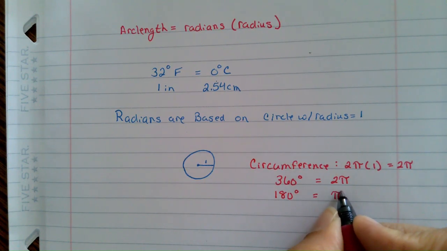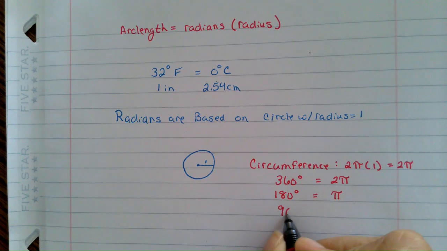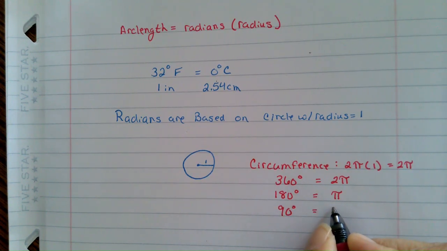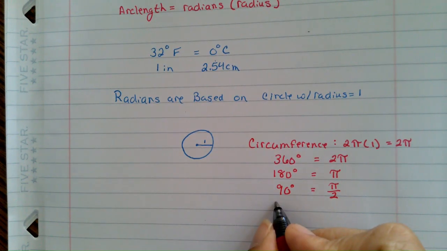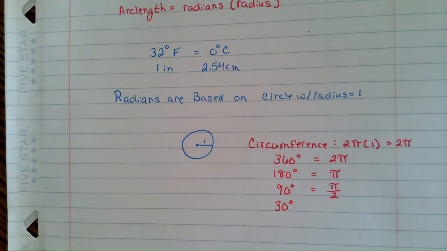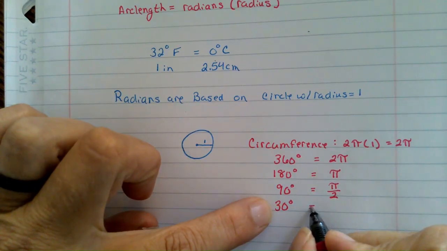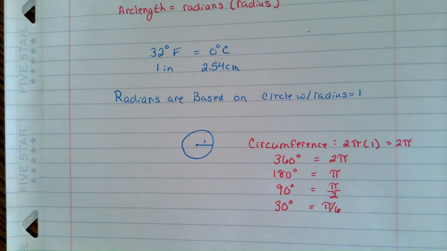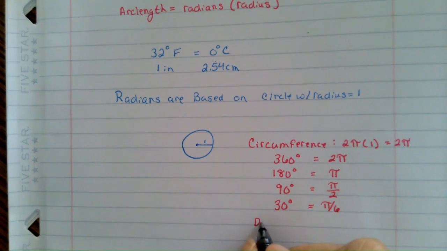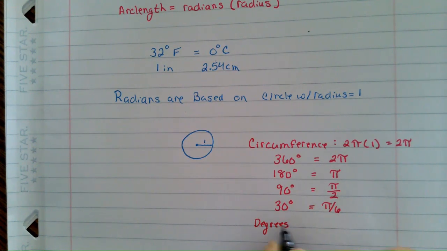If you said 1 pi, you're exactly right. 90 degrees, that'd be half a pi. What about 30 degrees? Well, to go from 180 to 30, we'd divide by 6. It's 1/6 of a pi. So that's all the radians are. These are all degrees. These are all radians.